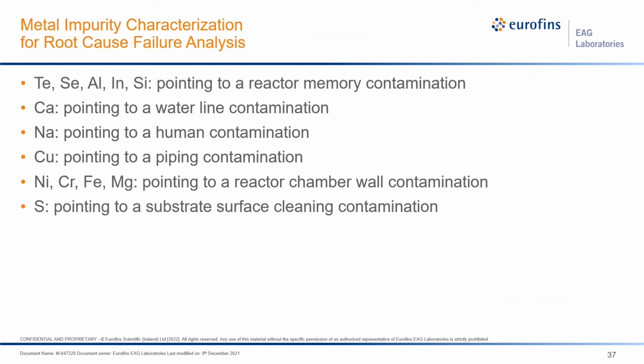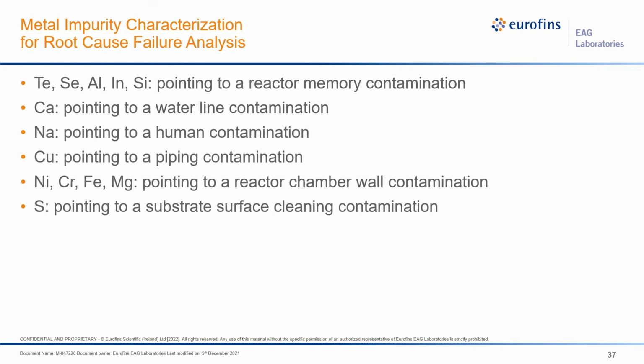So there are other elements we measure in the SIMS to really understand. We've done several studies of pHEMT structures, and usually some of the elements are pointing to reactive metal contamination. Some other alkali contaminations we measure in these pHEMT structures lead to other contamination issues.